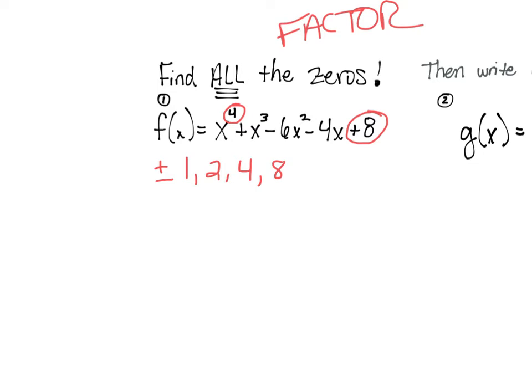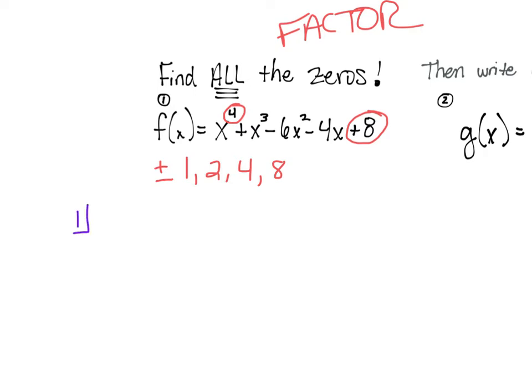You don't have to start with 1. Tommy could start with positive 2. Kyle could start with negative 8, just see what works. I personally always start with positive 1, then negative 1, then positive 2, because I like to keep the same process every time. I don't skip anything, I don't waste time. So I'm going to start with positive 1 and see if it's a factor.